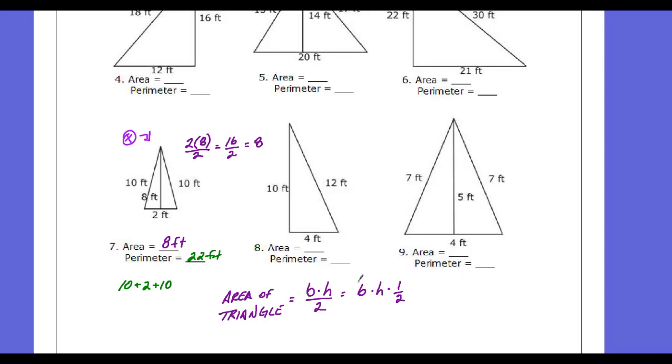And with multiplication, we can change the order if we want to. So if we did the numbers from this problem, we could do it as 2 times 8 times 1/2, which would be 2 times 8 is 16. And then you'd get 1/2 of 16, which is 8.